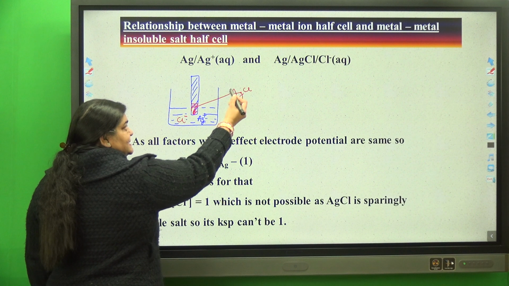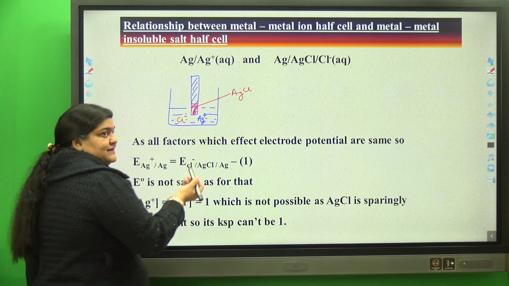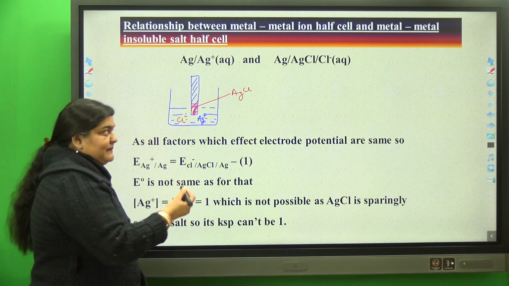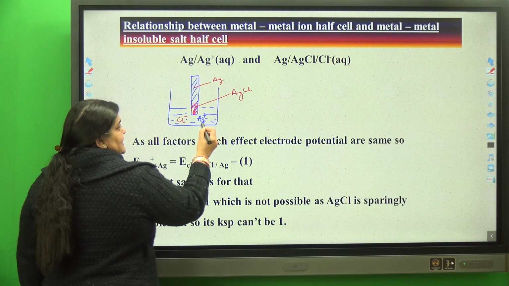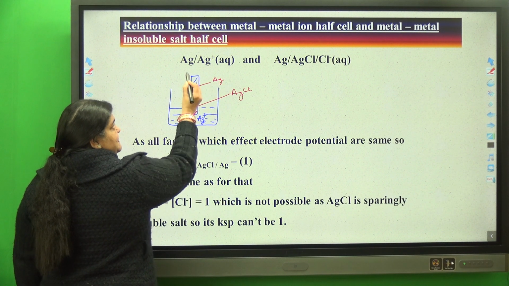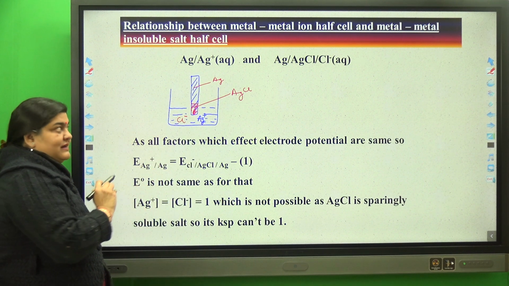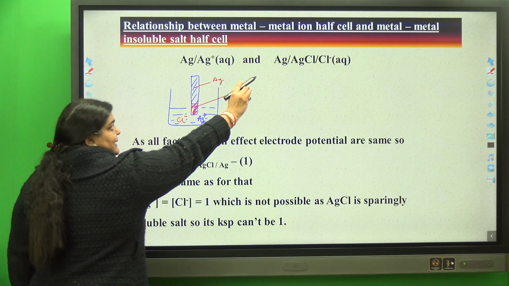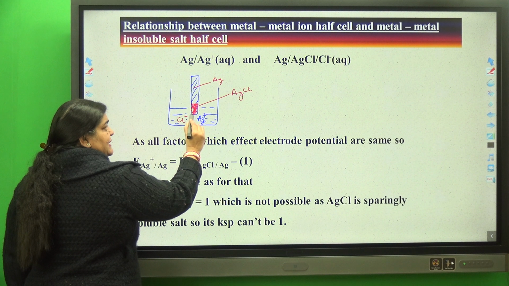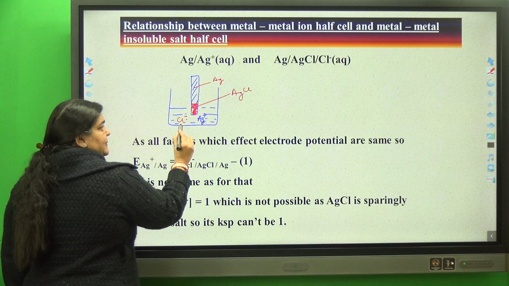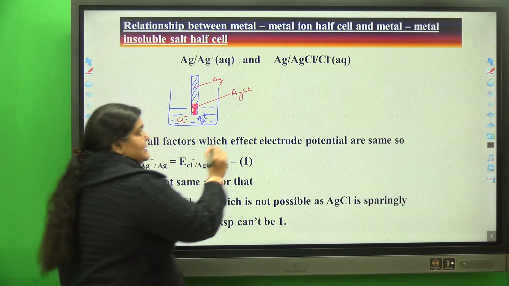As AgCl is a sparingly soluble salt, it will be giving Ag positive ions in solution in some quantity. So silver electrode ली है, dipped in Ag positive is metal ion half cell. Another thing, like that way, silver coated with its insoluble salt, sparingly soluble salt, dipped in a solution of KCl which is furnishing Cl negative ions.